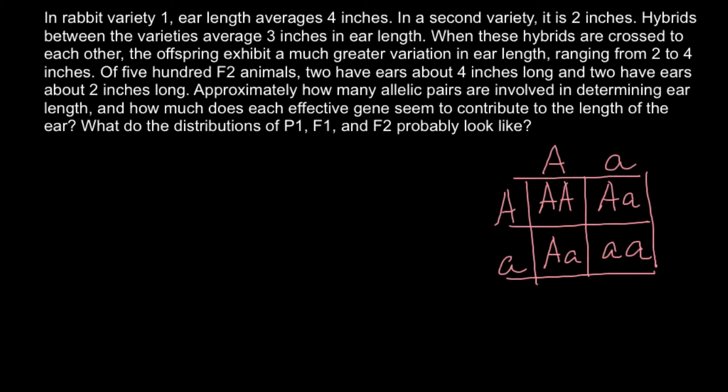But when we have additive traits, the picture is different. For example, imagine that dominant allele A stands for 2 and recessive allele a stands for 1. It can be centimeters, inches, or any other characteristic of any trait. So these are additive alleles, and here we would have, for example, 2 and 2, 2 and 1 here, 2 and 1 here, and 1 and 1 here. As you see, the picture is different.